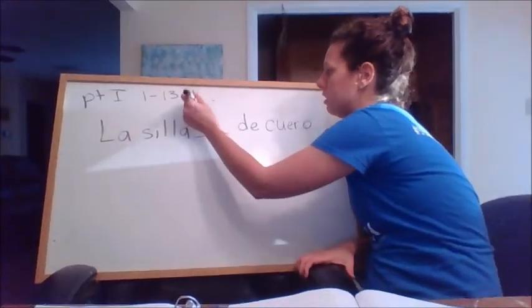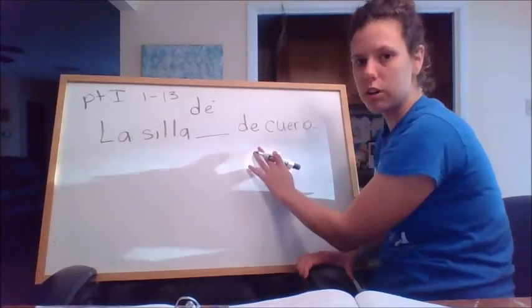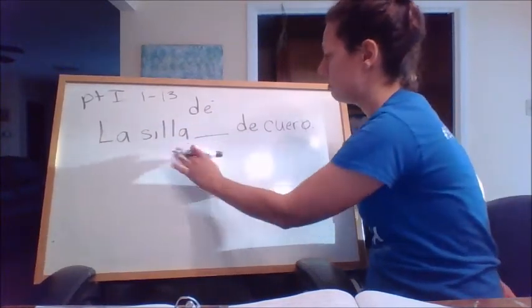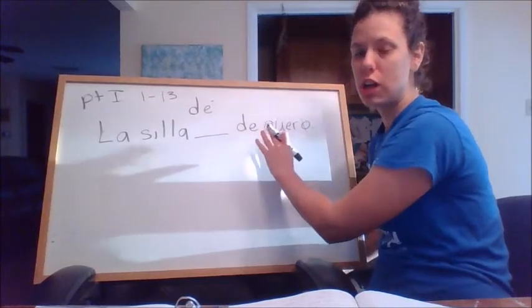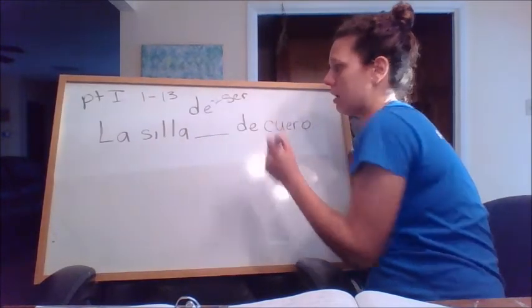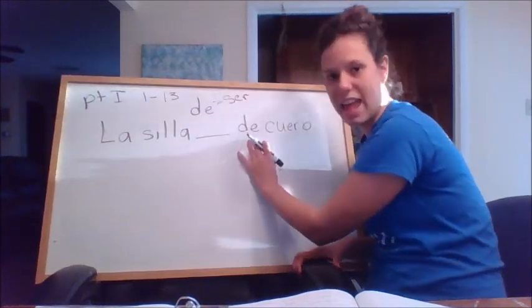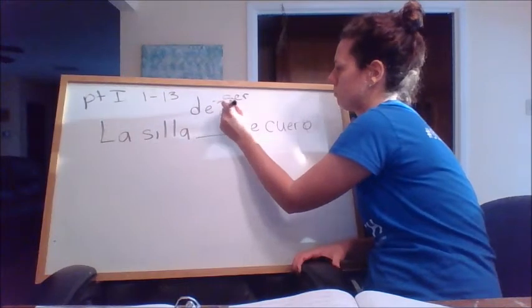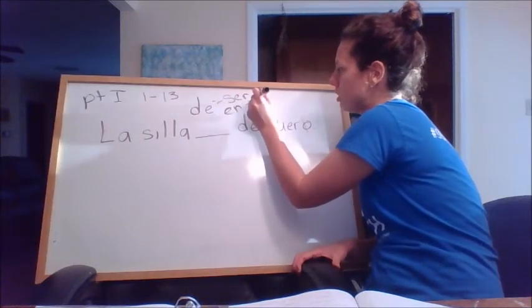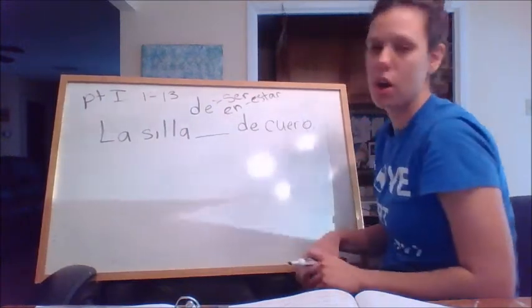I told somebody earlier, if it's something like blank day, chances are you're going to use ser, okay? If you've got blank en, chances are you're going to use estar, okay?